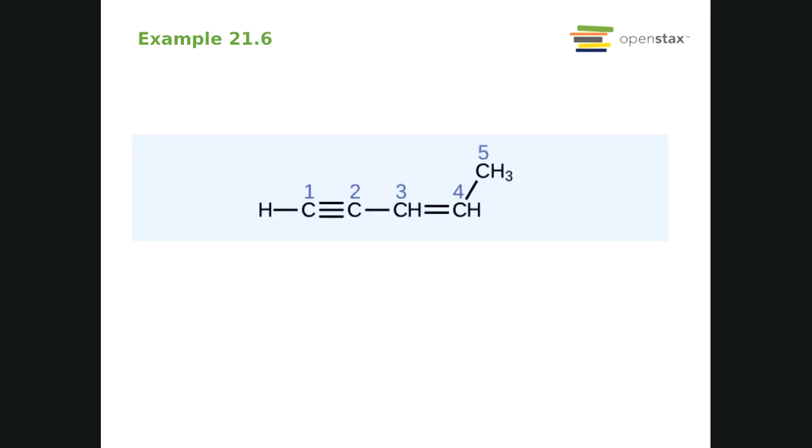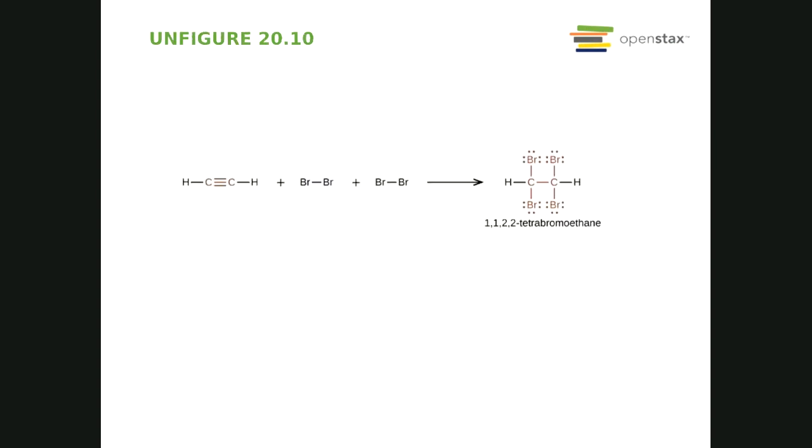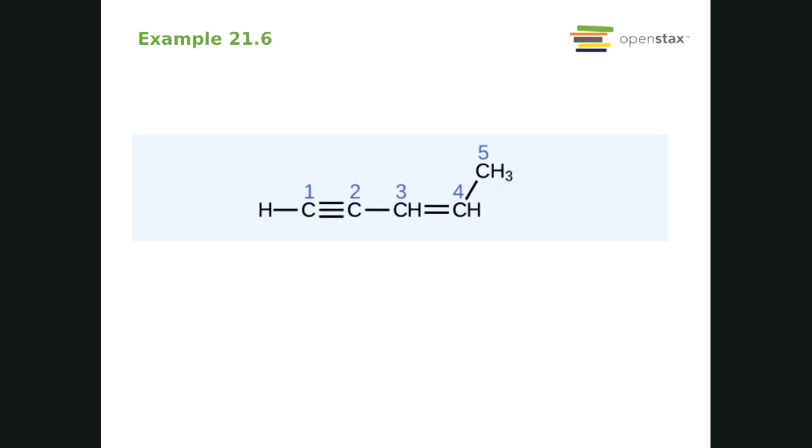If you have both, you have to number it and then give the location to both of them. So you have the triple bond on carbon 1 and the double bond on carbon number 3.